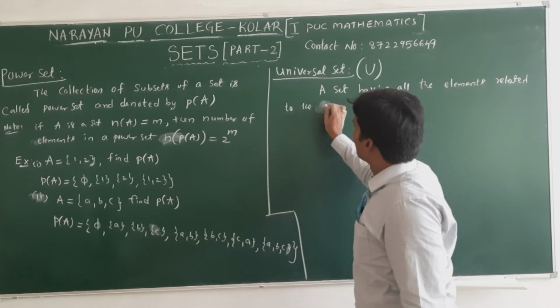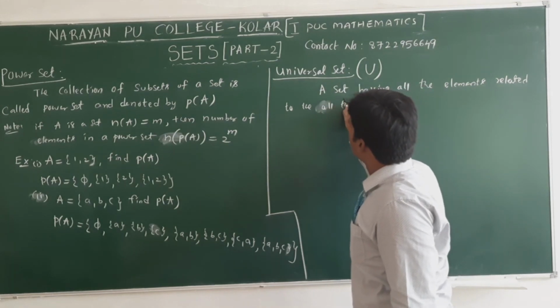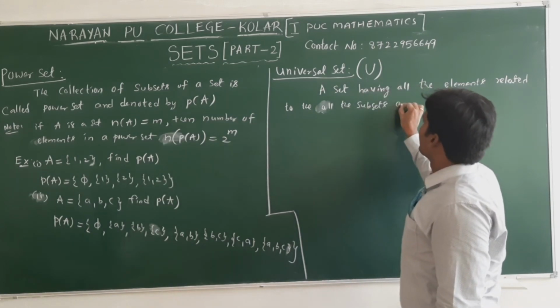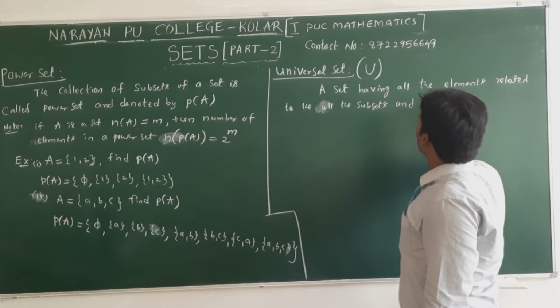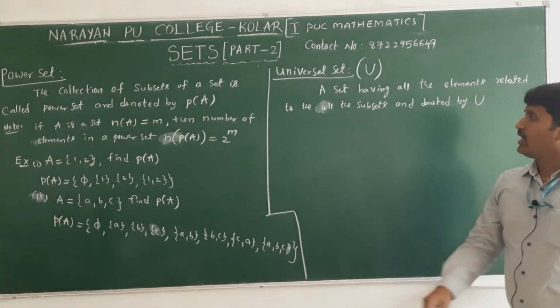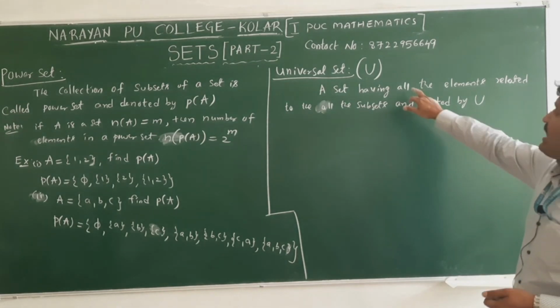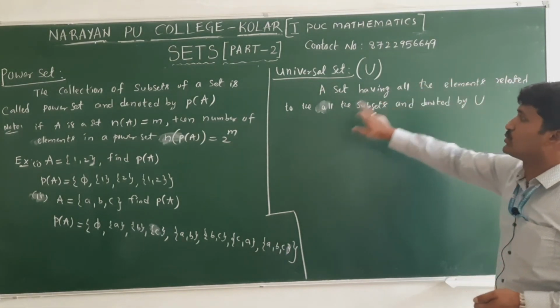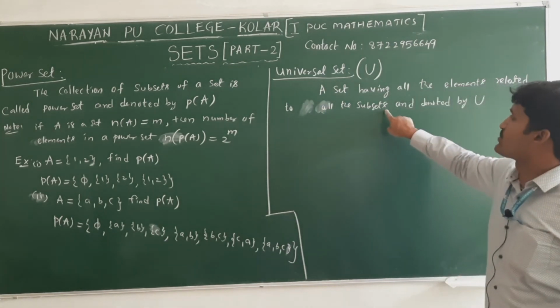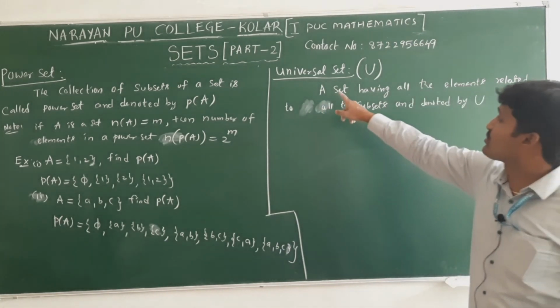Related to all the subsets, and denoted by the symbol U. I'll repeat the statement again: a set having all the elements related to all the subsets is called which one?